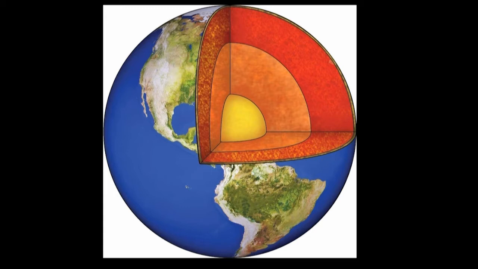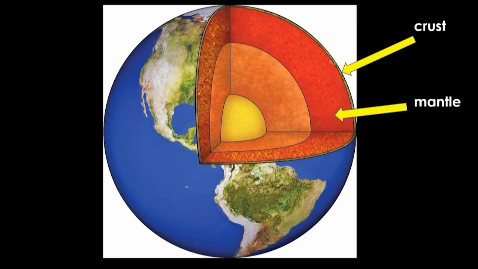The first stop is the layer beneath the crust, which is called the mantle. So here we have the crust, and right beneath the crust, we have the mantle. This is what we're going to talk about. The mantle is a whopping 1,800 miles thick and contains most of the Earth's rock.